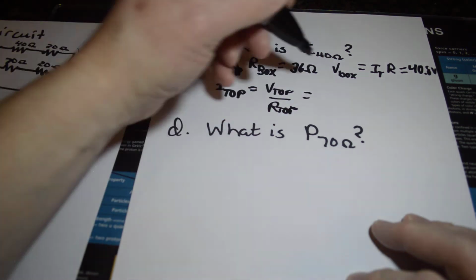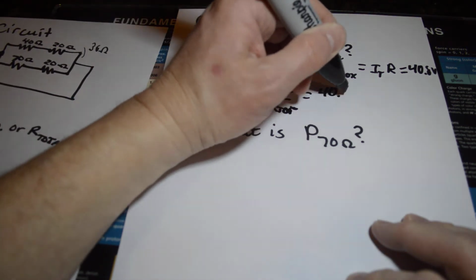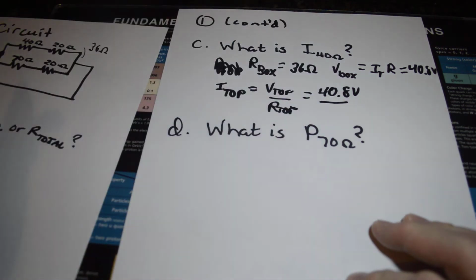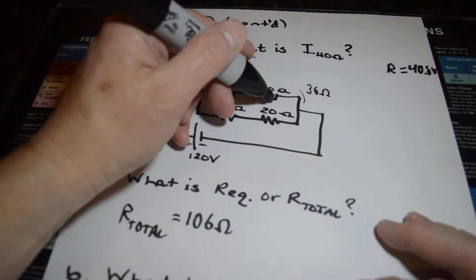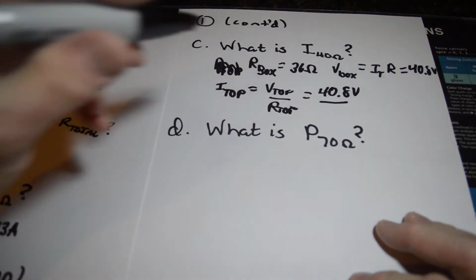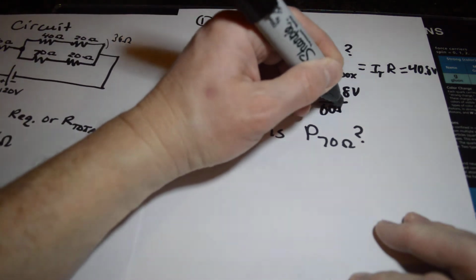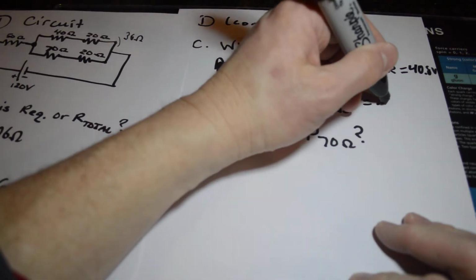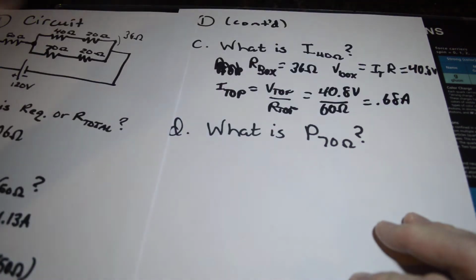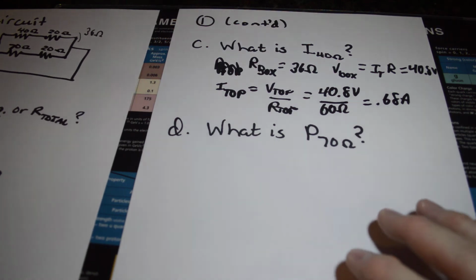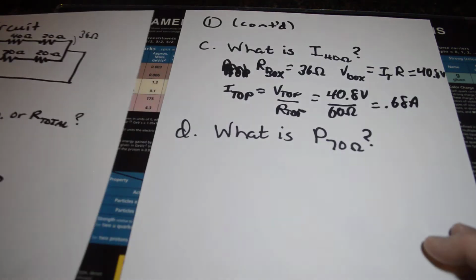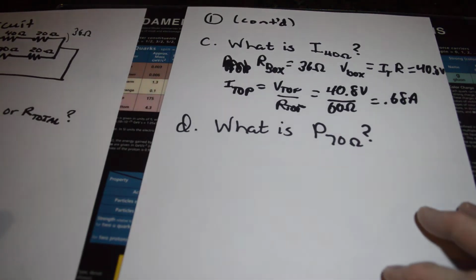Well, the voltage on the top is the same as the voltage on the bottom because they're in parallel, 40.8 volts, and the top part of that is a 40 and a 20, so I believe that's 60 ohms between those, and that gives you 0.68 amps, and that would be the current in the top part, which of course would be the current through either one of those. So that's the answer to that question, 0.68 amps.